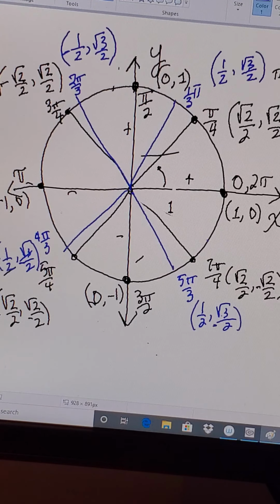Okay, so now we have another 4 points. And lastly, we're going to add the last 4 points. I'll use red. These are the sixths. So here we have pi over 6.